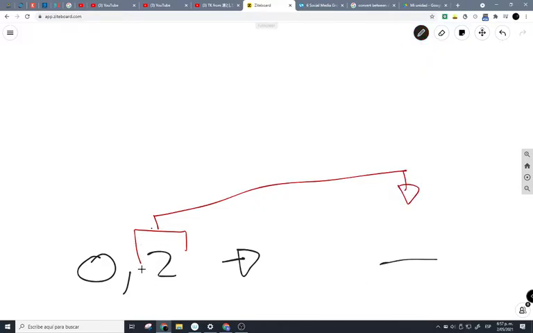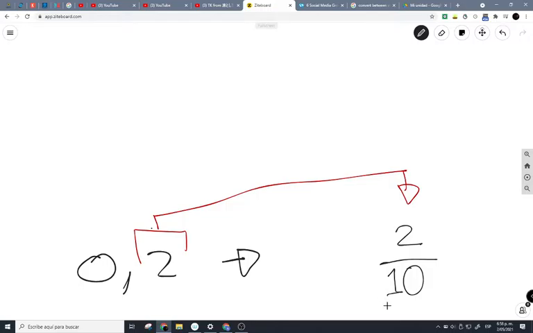This number is going to be the numerator, and the denominator is always going to be the number 1 followed by as many zeros as we have digits after the comma. So let's count how many digits we have after the comma. Here's the comma, and after the comma we only have one digit, so it's only 1 and one 0.